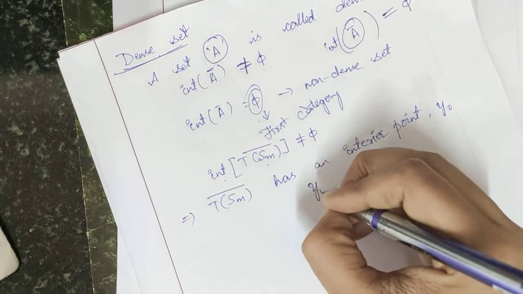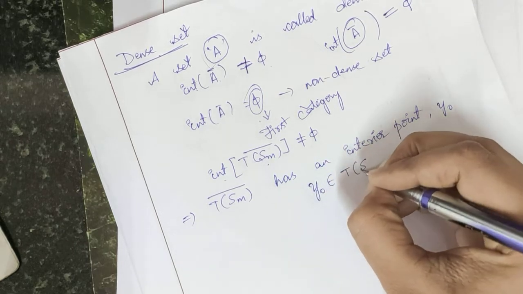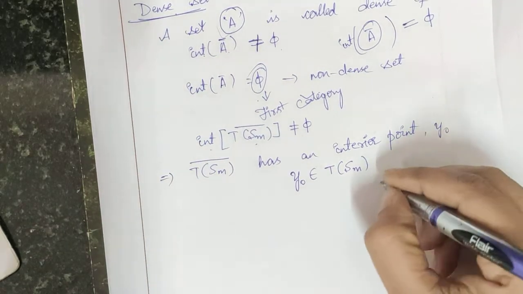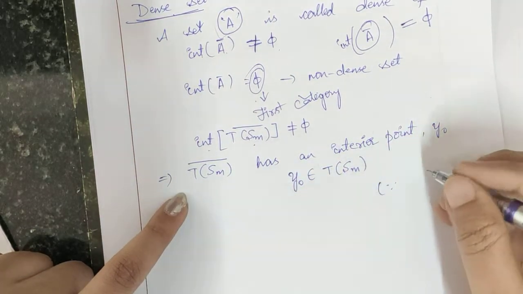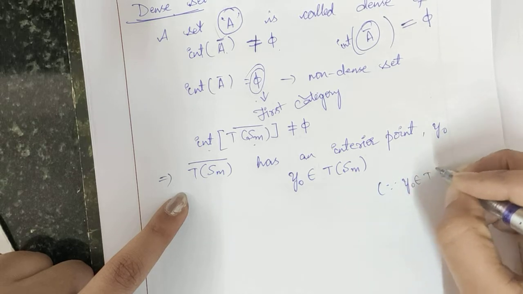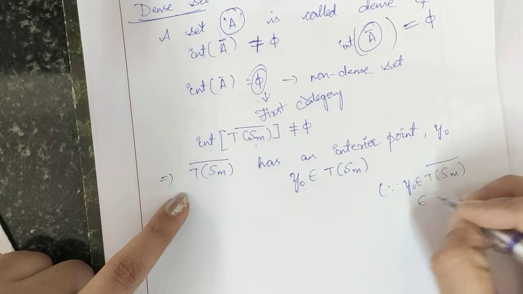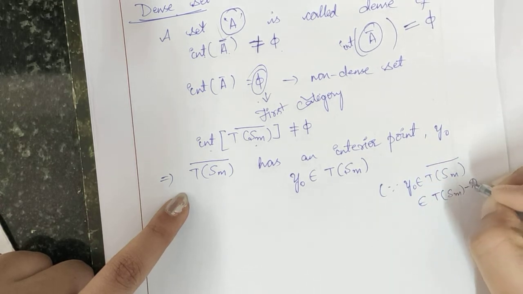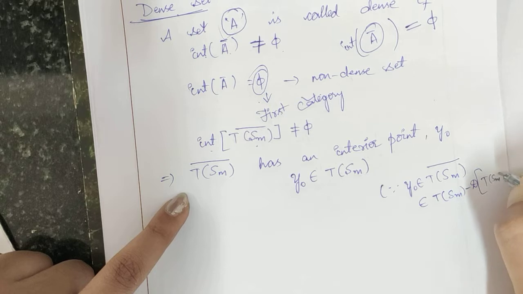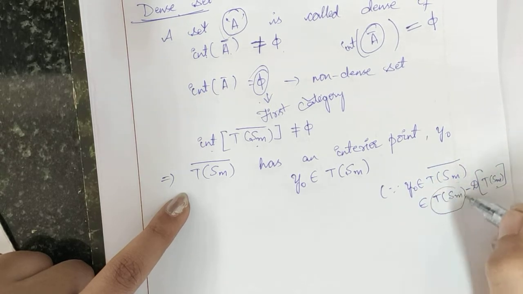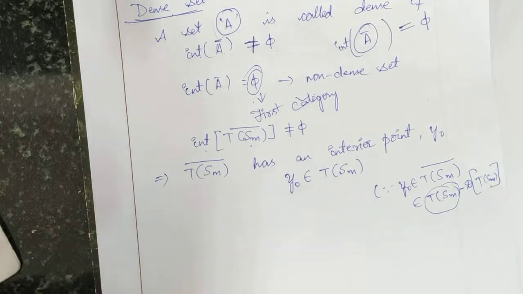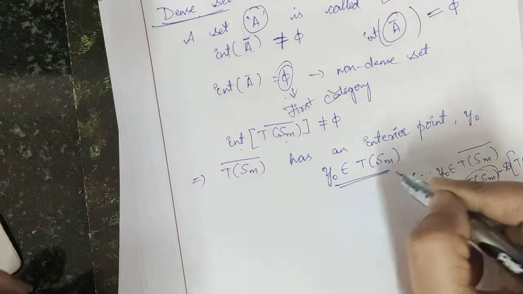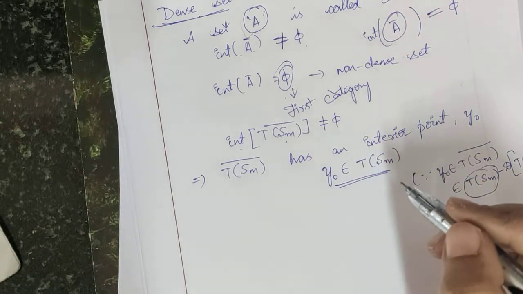So now I can write y0 belongs to T of Sm. Because we know that if I say it has some interior point, y0 belongs to T of Sm whole closure, that is nothing but y0 belongs to T of Sm minus derived set of T of Sm. So obviously y0 belongs to this or this. We have seen this concept in the closed graph theorem, right? So similarly from that I can write that y0 belongs to T of Sm.